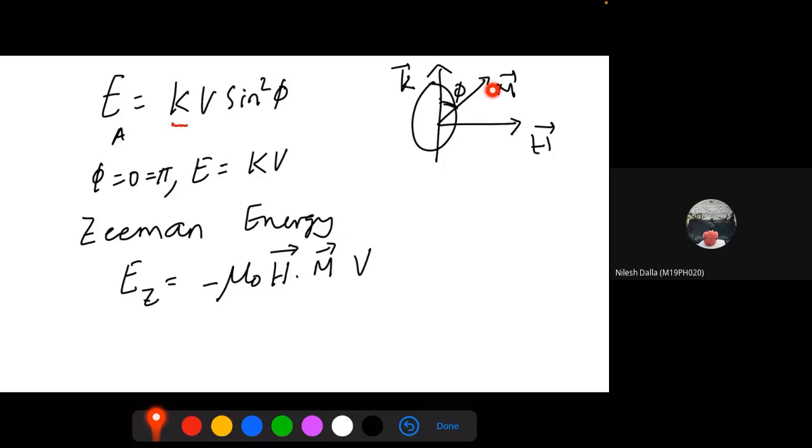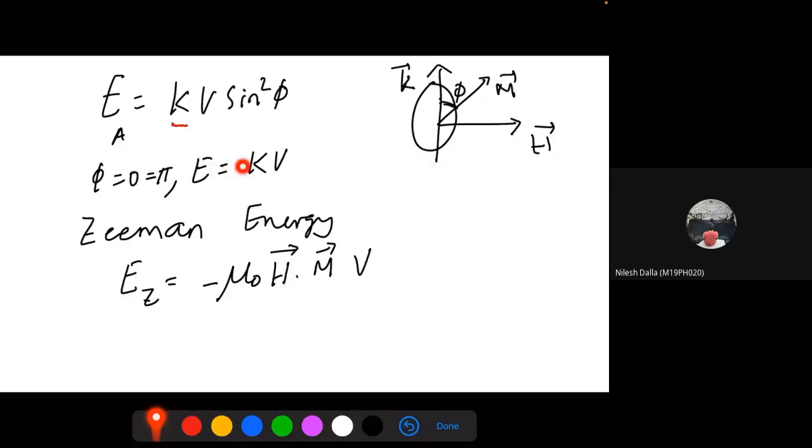Okay, so what will be the minimum energy configuration for the magnetization? If phi is equal to 0 or equal to pi, then the energy is minimum. Oh, sorry, it will be 0 actually, right? Because sin 0 will be 0. Okay, so energy will be minimum.